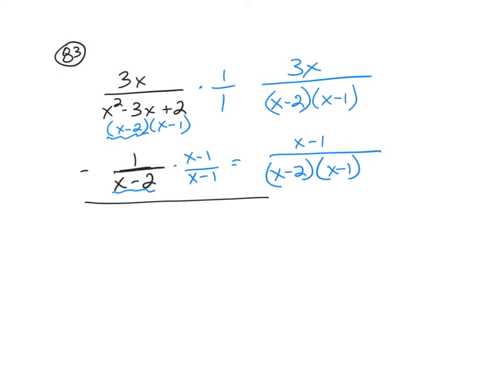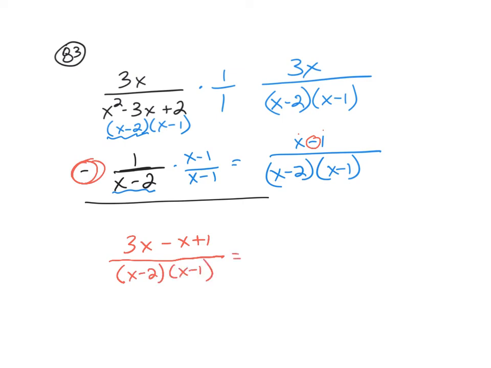Remember, this is a subtraction problem. So when I go through, I'm going to have 3x subtract x plus 1, because that subtraction sign applies to everything, both the x and the 1. So I get 3x minus (x plus 1) over x minus 2 times x minus 1.